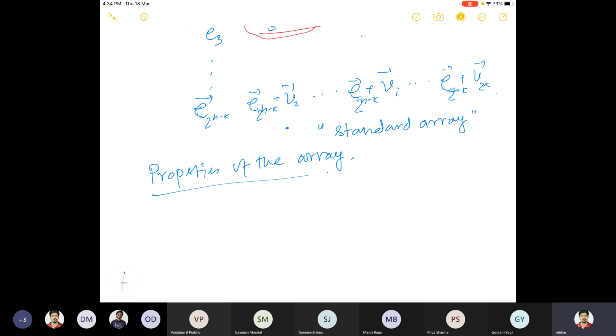The first property is that any two n-tuples in a row are different, which is obvious, right?